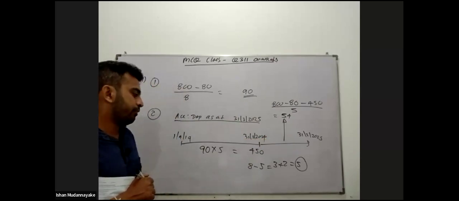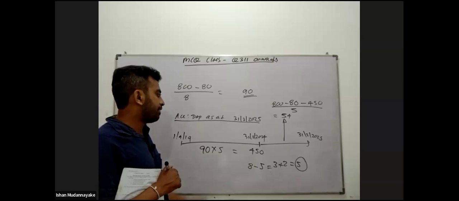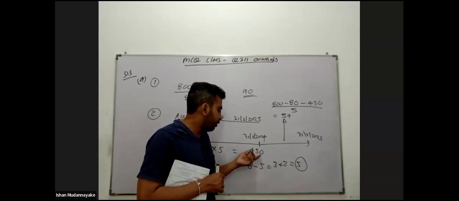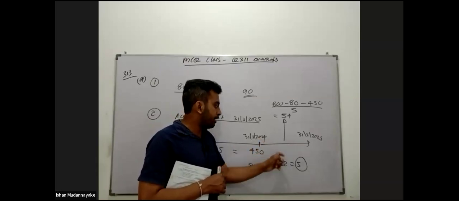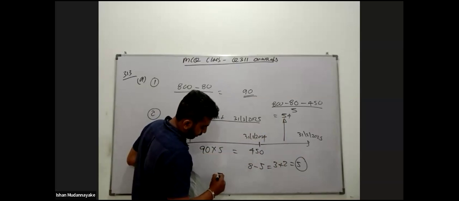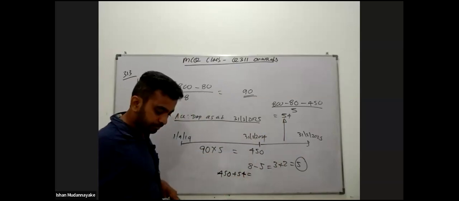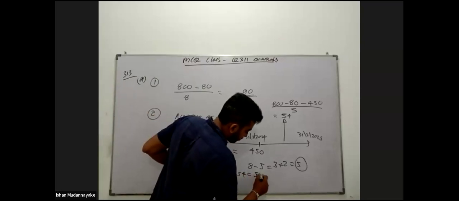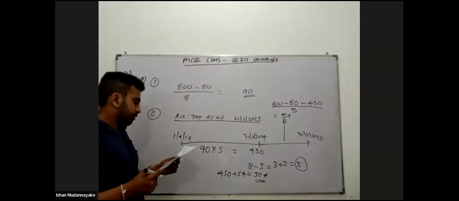To calculate accumulated depreciation as of 31st March 25: until 31st March 24, total depreciation was 450, and depreciation for the 2024-25 financial year is 54. So 450 plus 54 is 504.